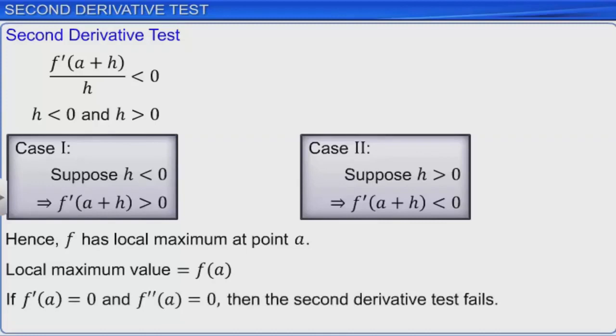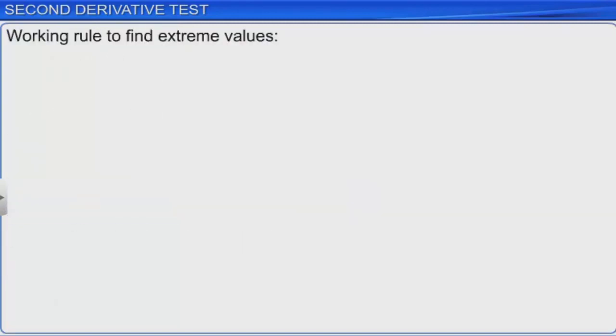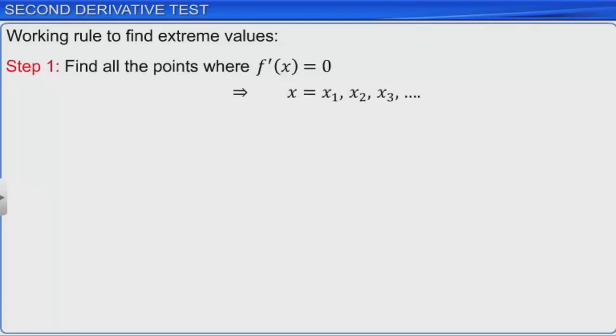Now, let us learn the working rules to find the local maximum and local minimum values. Begin by finding the derivative of the given function and equate it to 0. Suppose the values of x are x1, x2, x3, and so on. Then, find the second derivative of the given function. After that, find the values of the second derivative at points x1, x2, x3, and so on.